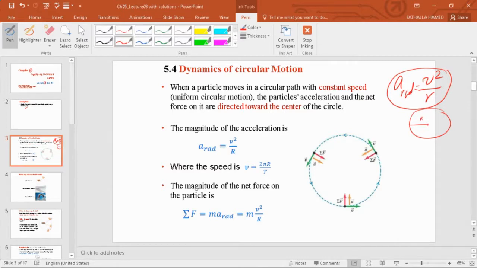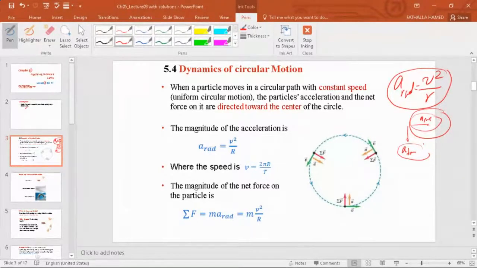And this is what we call a_rad. And then we said there is another, which we call a_tangential, and this is responsible for changing the magnitude of your velocity. So in the case of uniform circular motion, you don't have this one. You only have the a_rad. You're going around with constant speed. But in the case of non-uniform circular motion, you also include the a_tangential.